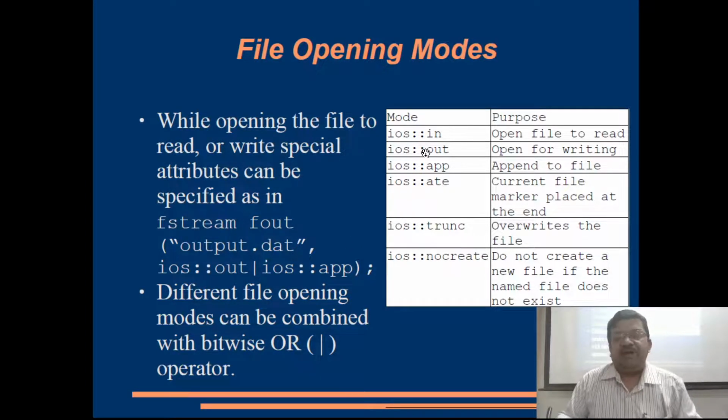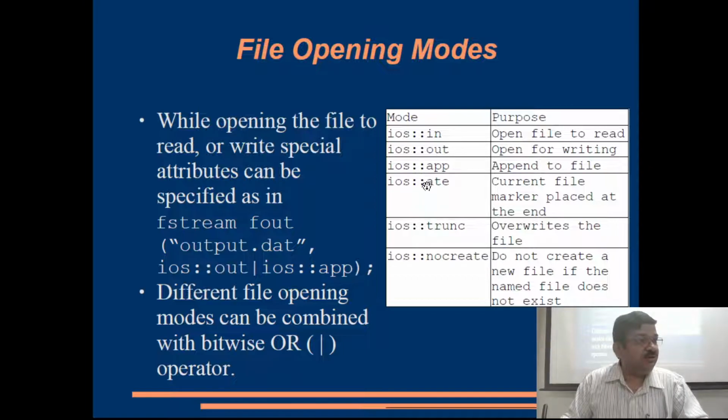Some of these basic opening modes: in, that is to define the input file stream; out, that is to define the output file stream; app is another way of defining an output file stream that will append to the current file. Out will actually overwrite.